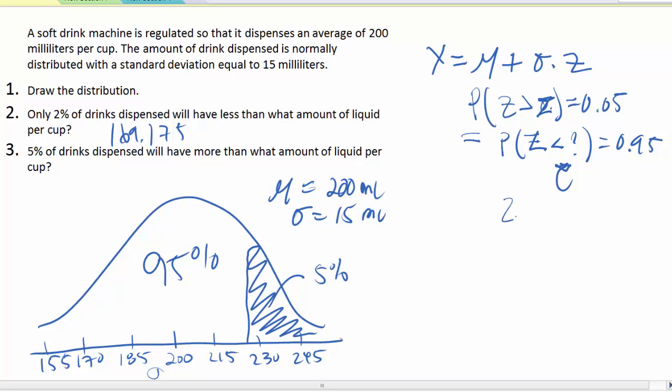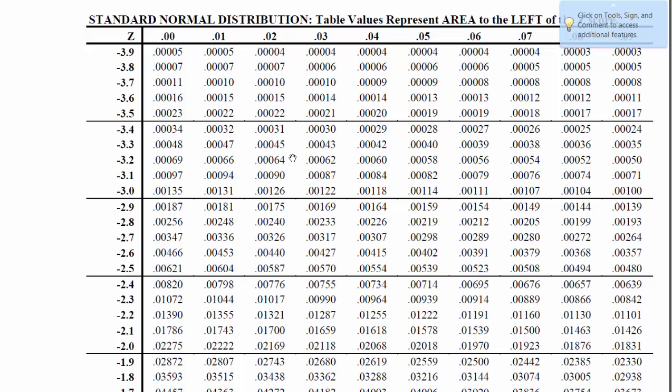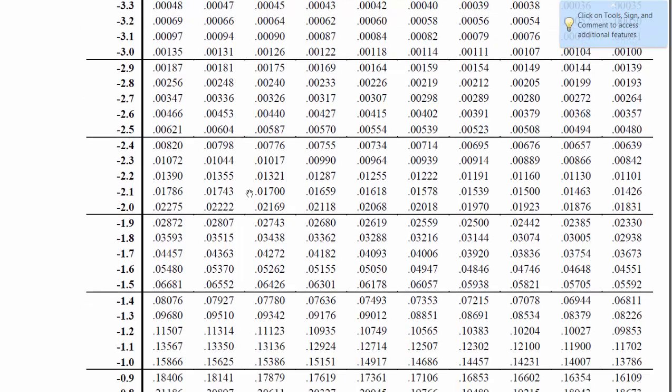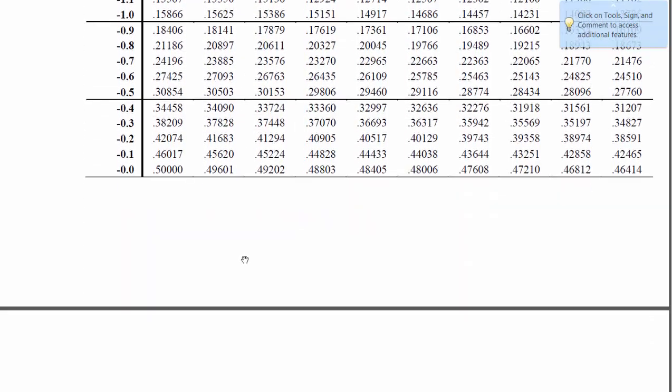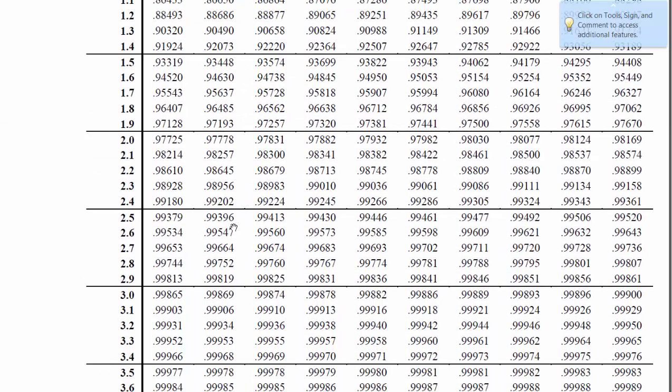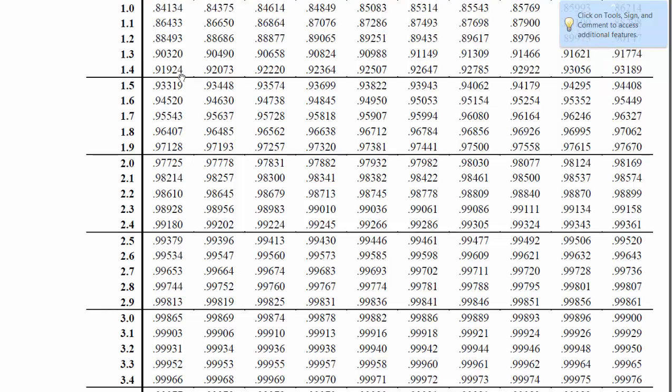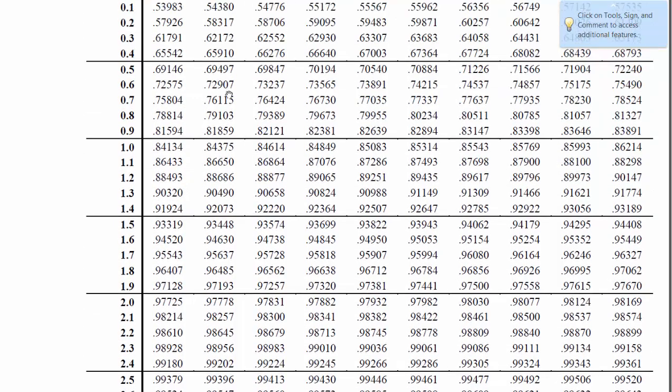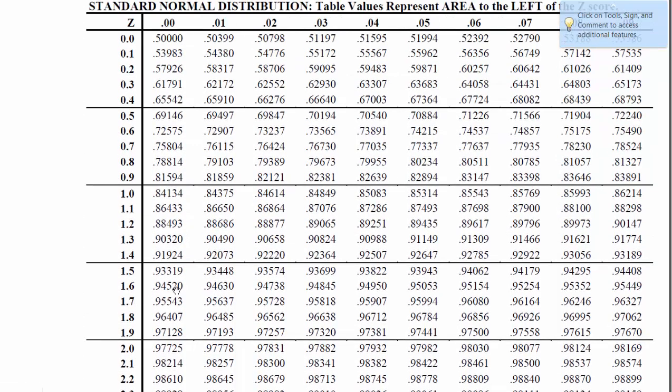So if we go over to our z-table, we want to find then in these proportions the value 0.95. And I know that this is going to be a positive value, so I'm going to keep scrolling through. And I notice that I went a little too fast, so start at 0.945 and keep going across.